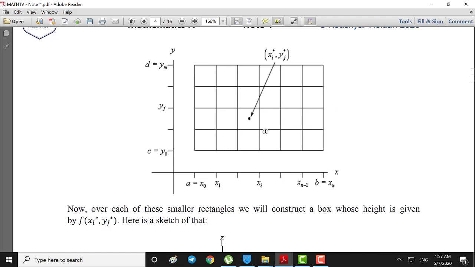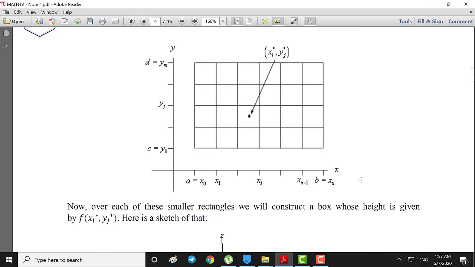And from each of these smaller rectangles, we choose a point which we call xi star, yj star, where i is from 1 to n and j is from 1 to m. Okay? This is how we divide up this rectangular region R into a number of smaller subrectangles.